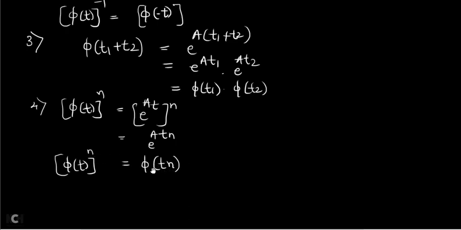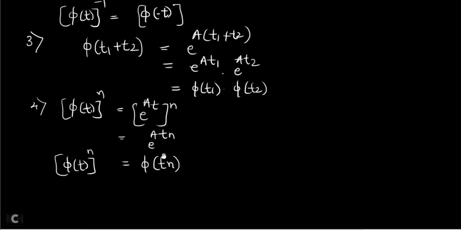So phi of t power n is nothing but phi of t into n. Consider you want to find out the square of a state transition matrix, n equal to 2. You need not take the matrix and multiply it with the same matrix to get the square, that is a waste of time. Using the property, put n equal to 2: phi of t whole to the power 2 will give you phi of t into 2.